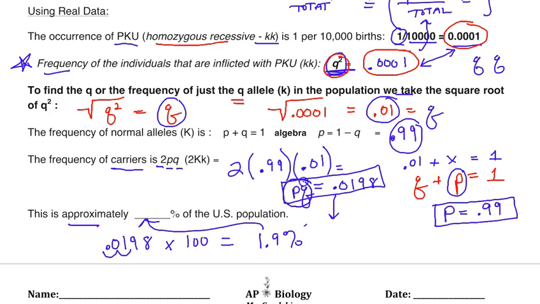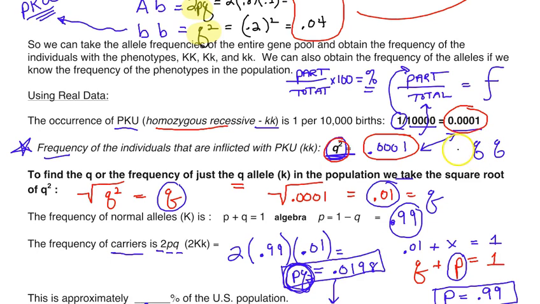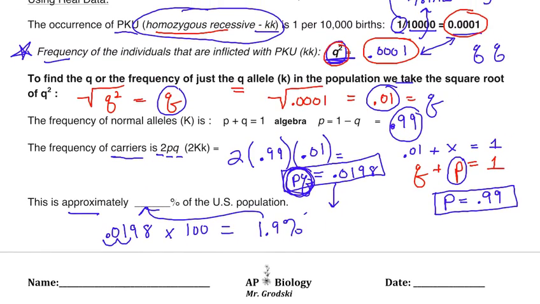Is heterozygotes. So let me just review this problem. In this problem, I gave you the number, or the probability, or the frequency of the people that were homozygous recessive. You had to know that meant that value was q squared. To answer what part of the population was heterozygous, we had to find our p and q.